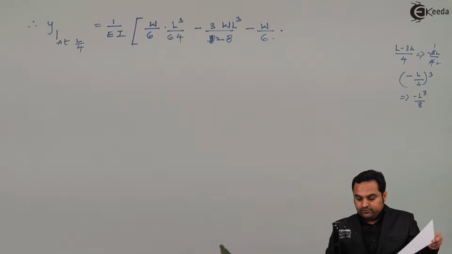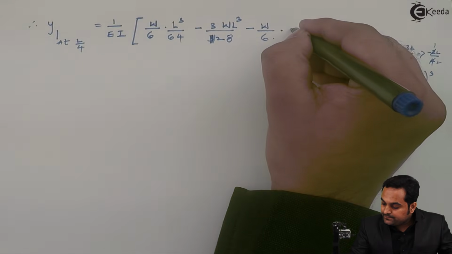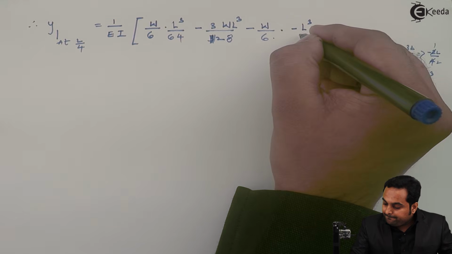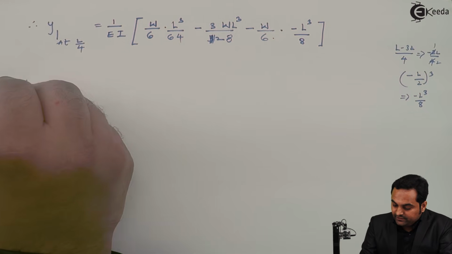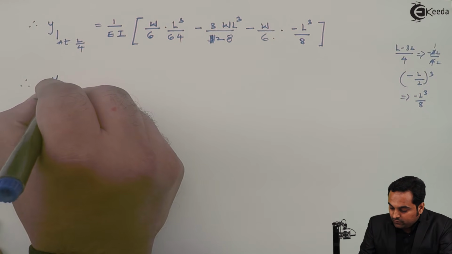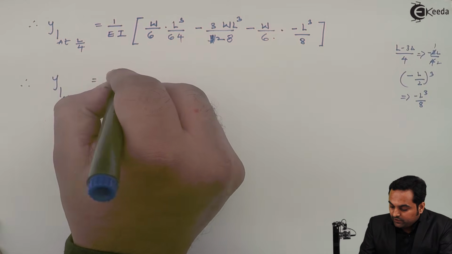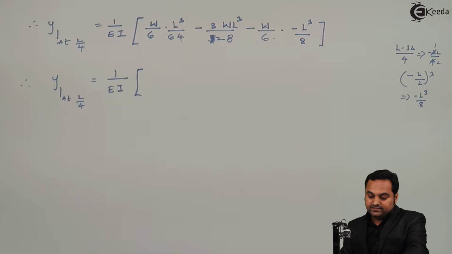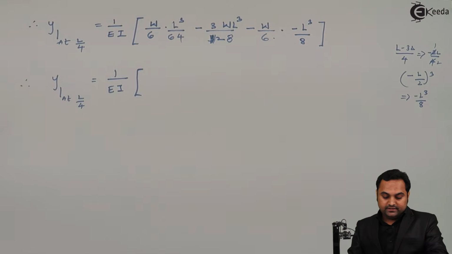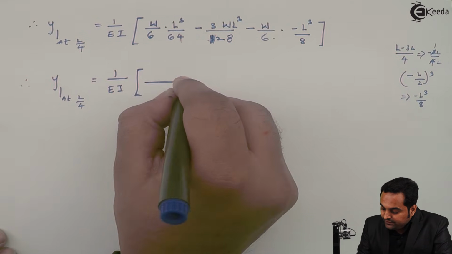So instead of this complete bracket, I can write minus L cube by 8. So again simplifying this, y at x is equal to L by 4 will be 1 upon EI. If I multiply this 64 into 6, that would be 384. It comes out to be 384.